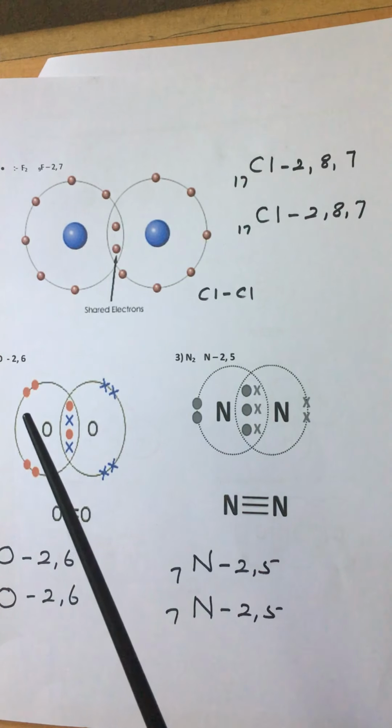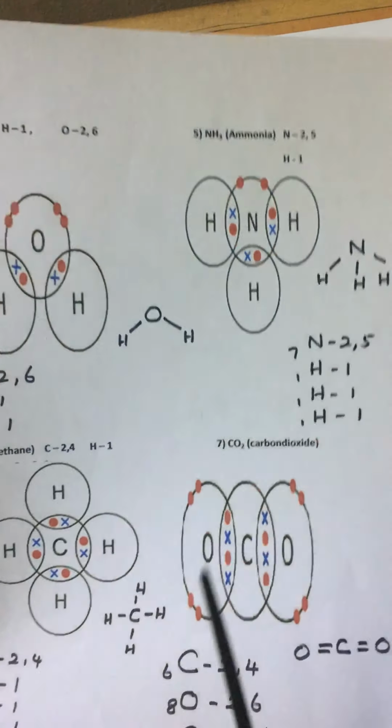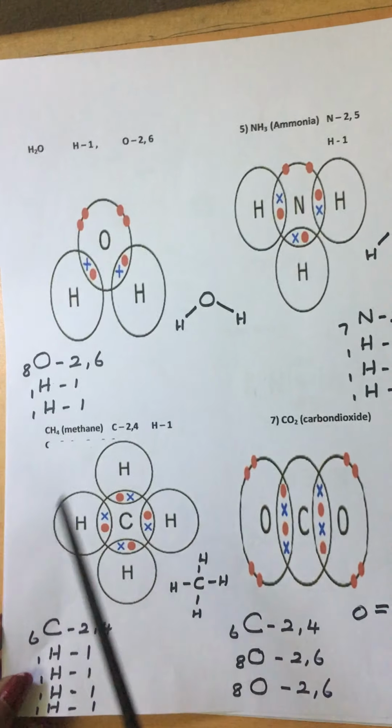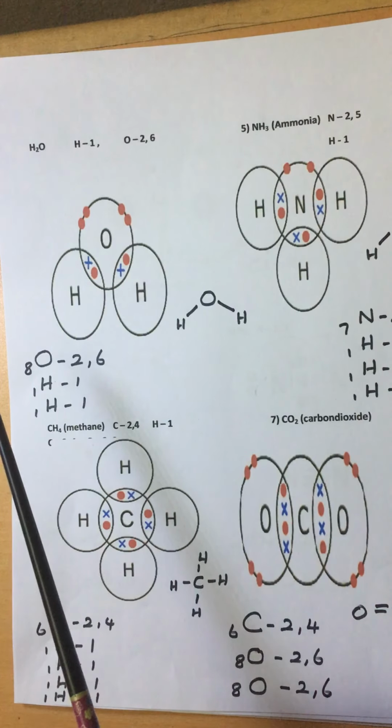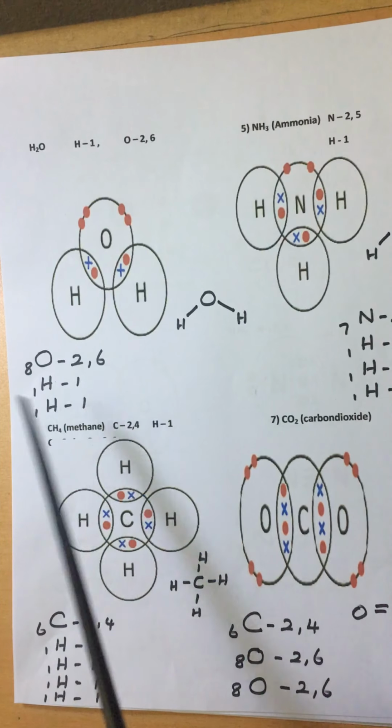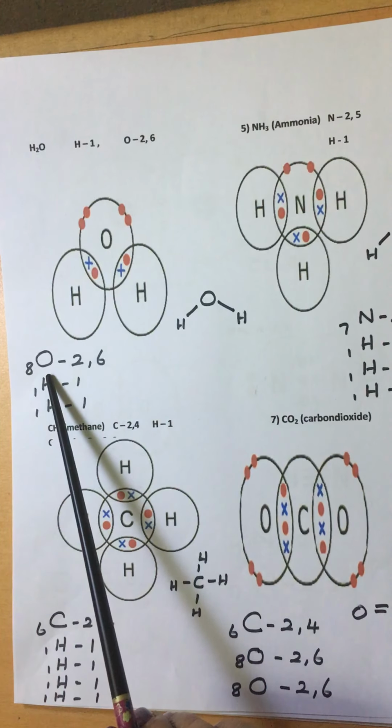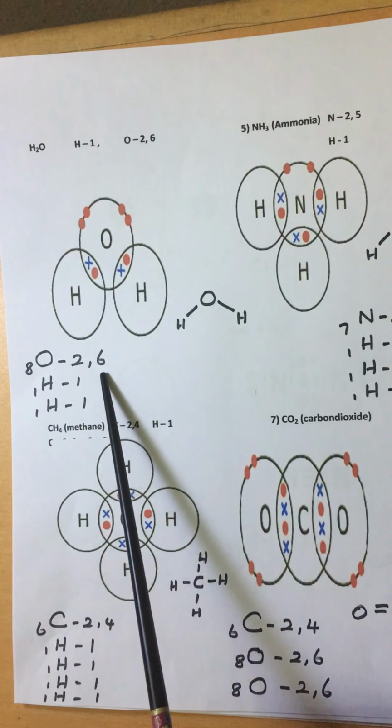Now we are going to see 3 or 4 atoms. Now here, see. Here water. You know the water, H2O. H2O means 2 hydrogen atoms and 1 oxygen atom. So the oxygen atomic number 8, 2, 6.